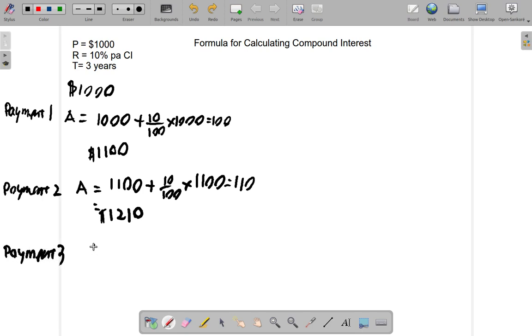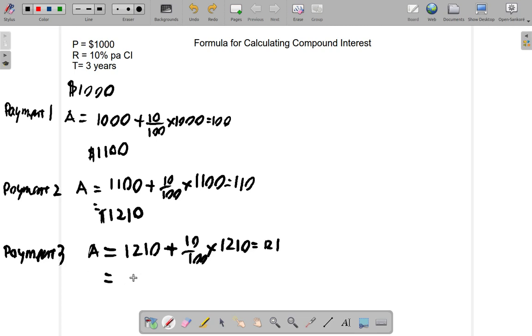Payment 3. The amount you have after that payment, you have your $1,210, and then the interest added would be 10% of your $1,210, and this would amount to $121.